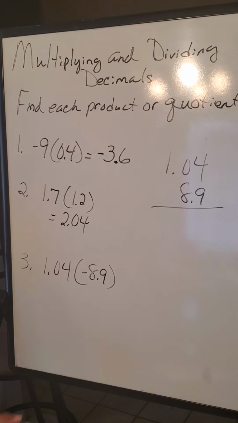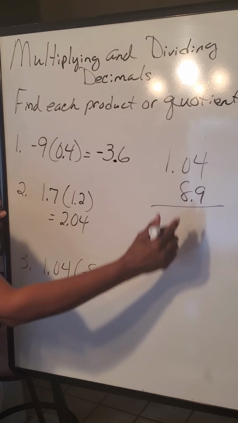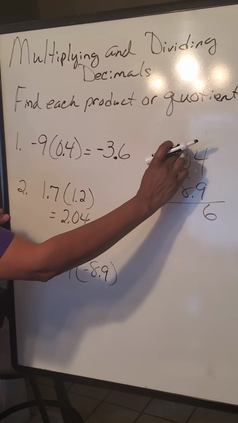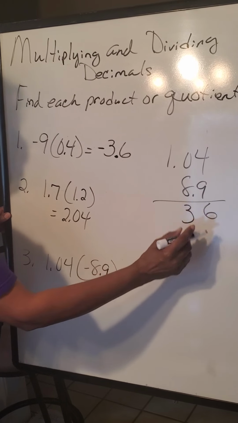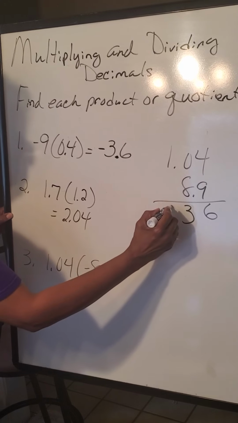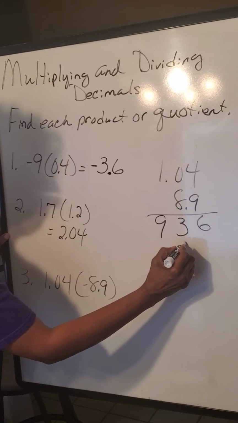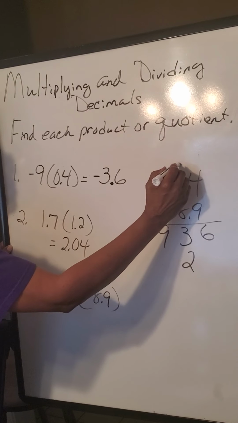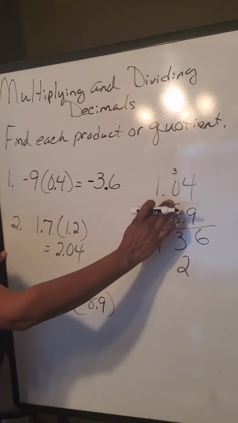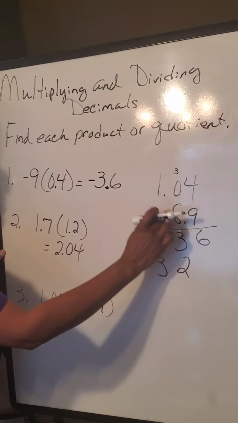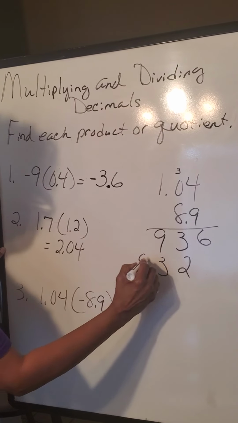I am multiplying. 9 times 4 gives me 36. 9 times 0 is 0, plus 3 gives me 3. 9 times 1 gives me 9. 8 times 4 gives me 32. And I better put that 3 up there for you. 8 times 0 is 0, plus 3 gives me 3. And 8 times 1 gives me 8.